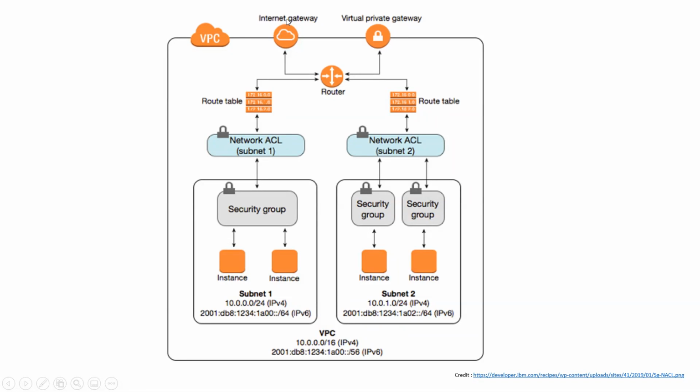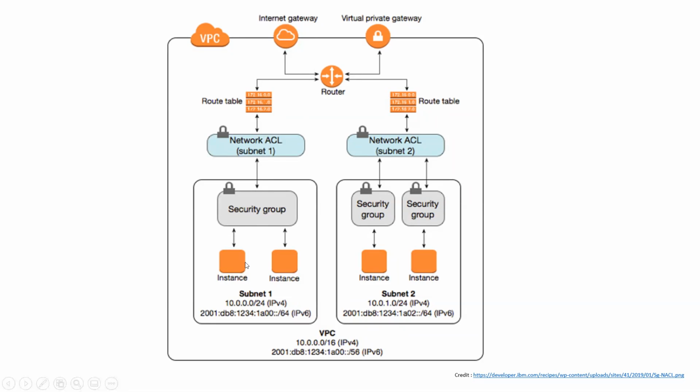When a request is coming in, your network ACL rules will be evaluated before the packet hits the subnet. After that, your security group rules will be evaluated to see if the packet reaches the instance or not.